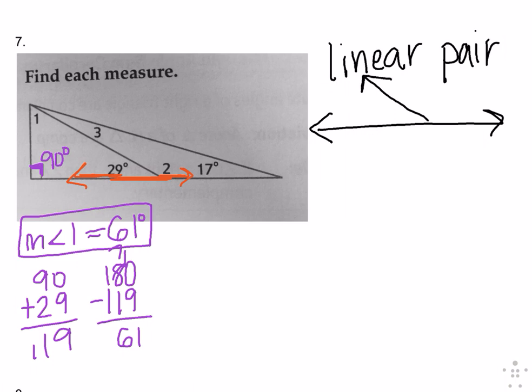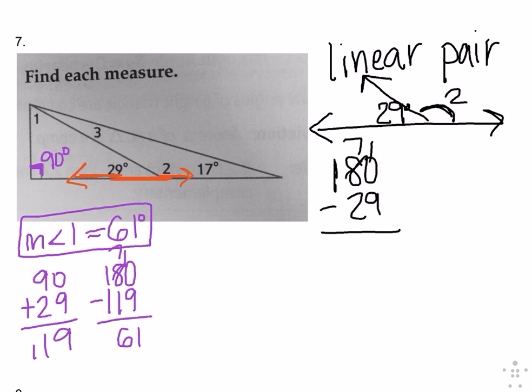They're adjacent to each other. If they're on the same line, that means that they're going to have a sum of 180 degrees. They're supplementary. So I'm going to subtract 29 from 180 degrees, and I get 151 degrees. So the measure of angle 2 is 151 degrees.